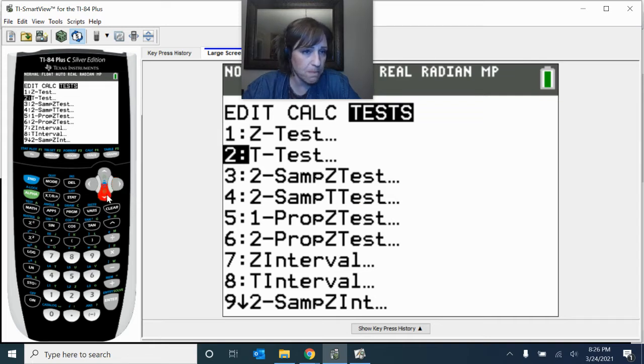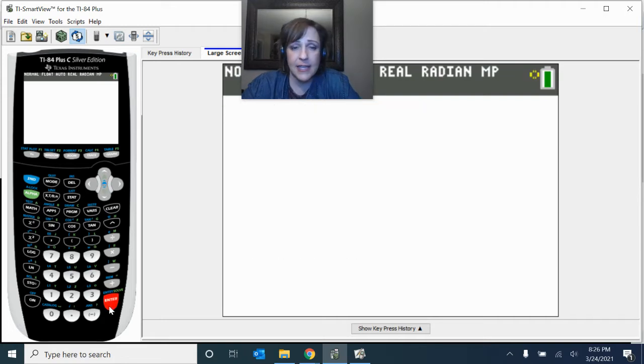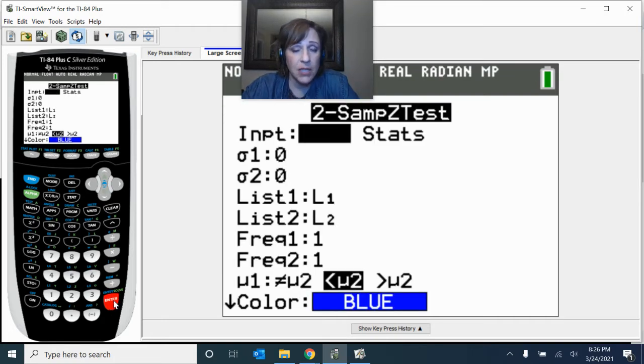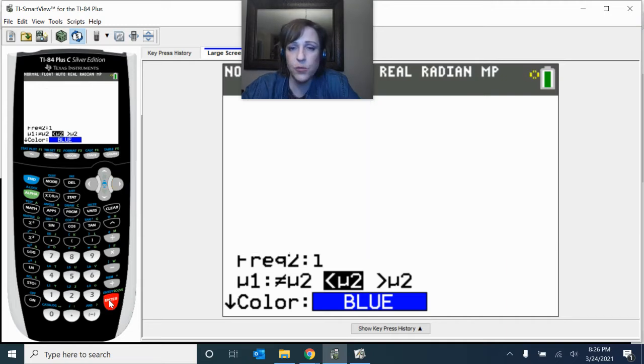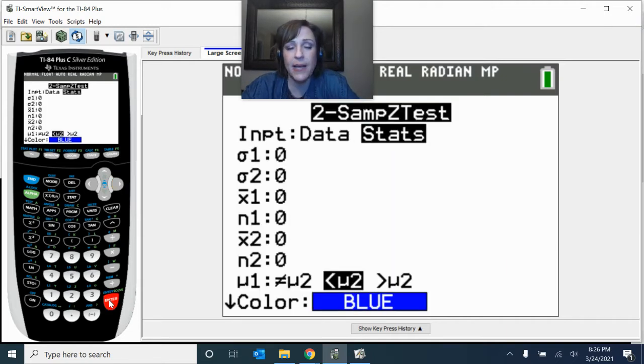Let's go do that. Here we go. Number 3 has this information here. And let's come on over here because we're going to be using the stats. I'll talk about these 2 tabs, data versus stats, in a minute. But look here, stats. Look at this symbol here, sigma 1 and sigma 2.